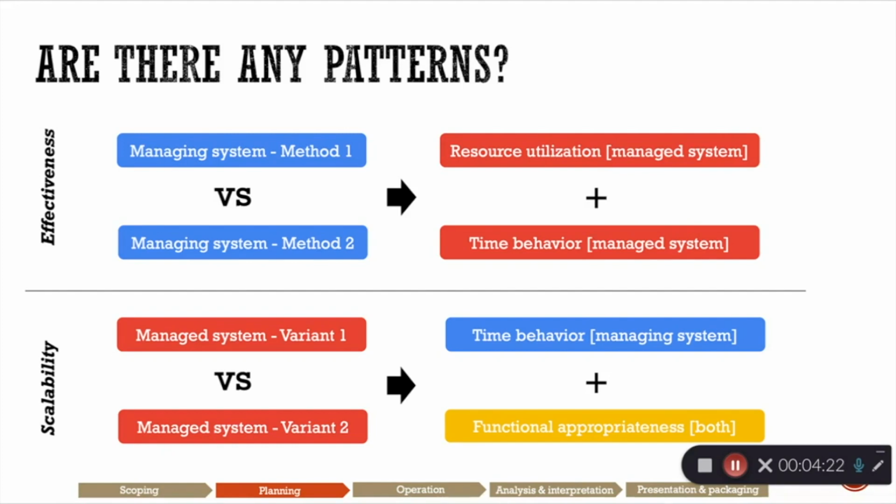That has to do with experiments that were measuring the effectiveness by comparing 2 methods of the managing system, method 1 and method 2, and measuring the resource utilization of the managed system and the time behavior of the managed system. This was the most popular pattern, and it's a classic comparison of, let's say, a newly proposed method against a baseline.